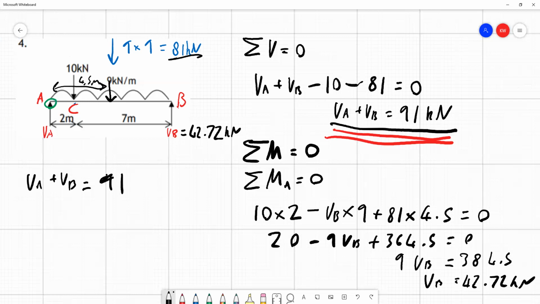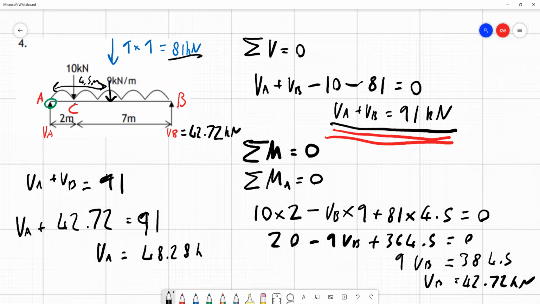If we put in our value for VB, so we now have VA plus 42.72 is equal to 91, then we can subtract 42.72 from both sides and get VA equal to, I think that should work out at 48.28 kilonewtons. I'm going to double check that in my calculator. And yes, that's right. So we're happy with that, hopefully.